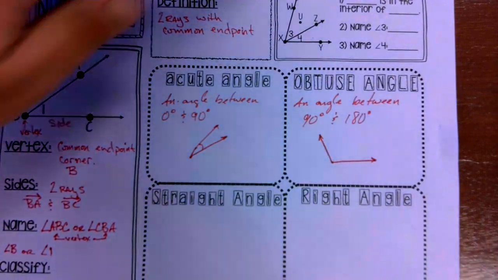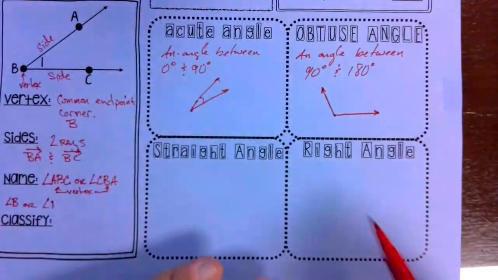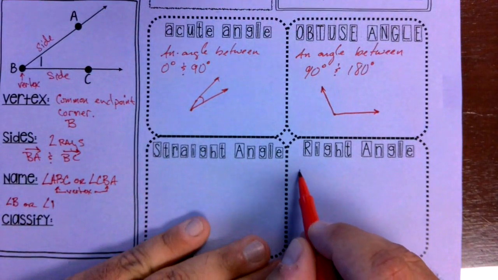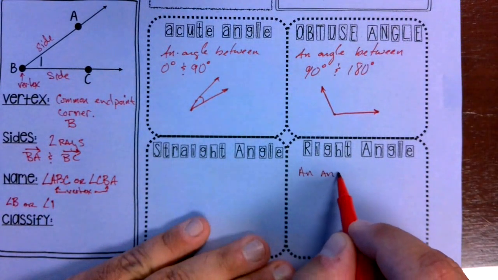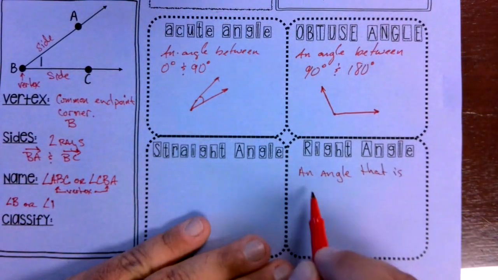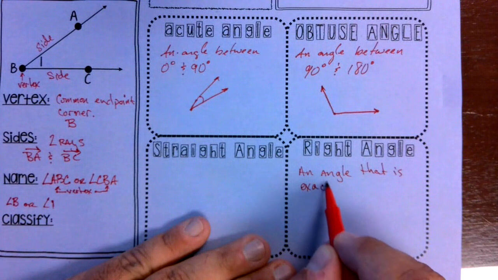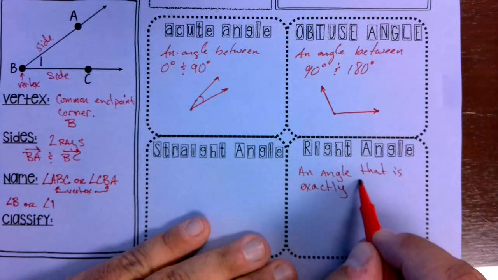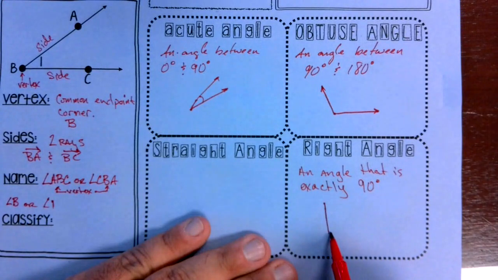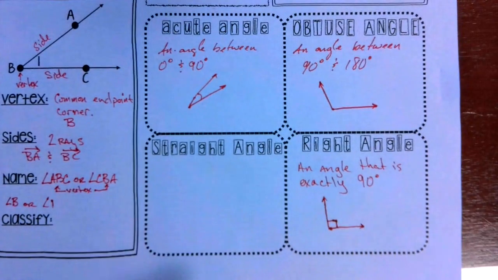A right angle. This is an angle that is exactly 90 degrees. Looks like this. We put a box in the corner. When we know it's a right angle, we'll put a box in the corner to show that it's a right angle.